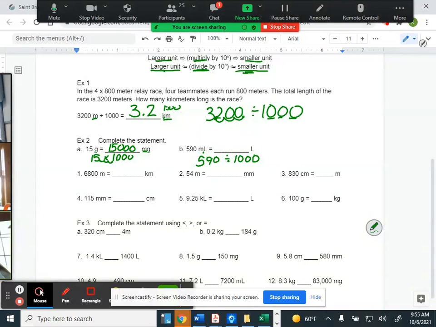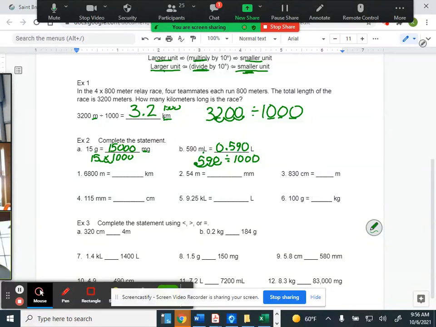This time we want our decimal point to go to the left to make it smaller. So 590 milliliters is 590 thousandths. We're into the decimal points now, because it's just a small part of that big liter, all of those small little milliliters.